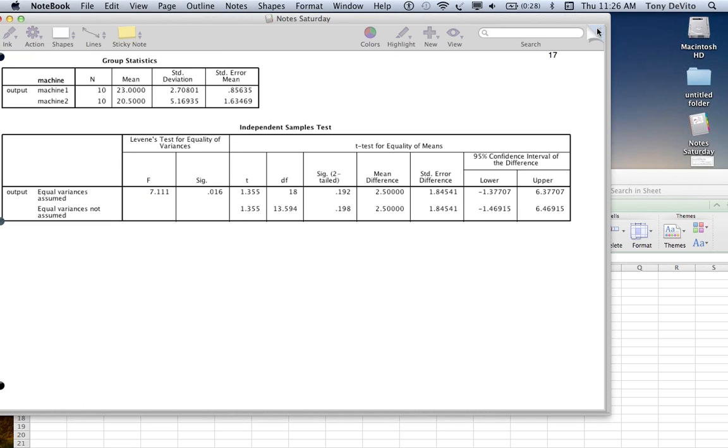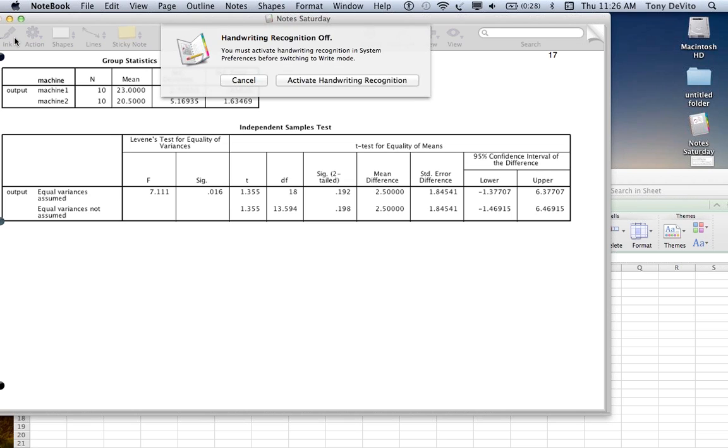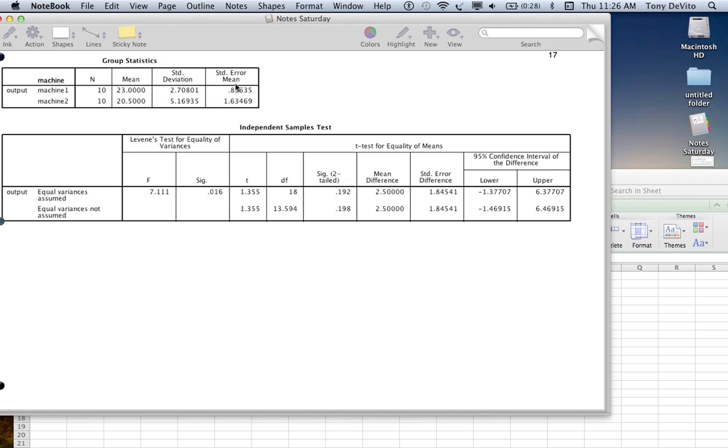Okay, and I'll also post these later on when I get the videos up. I'm going to point out to you that, for instance, here, if this value is less than 0.05, use the second line.